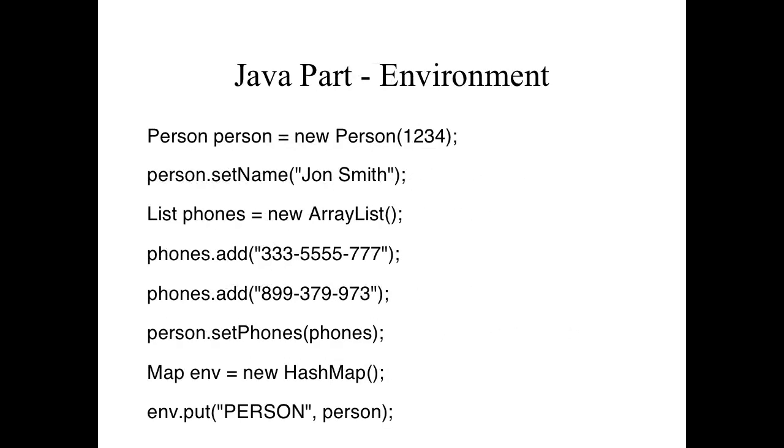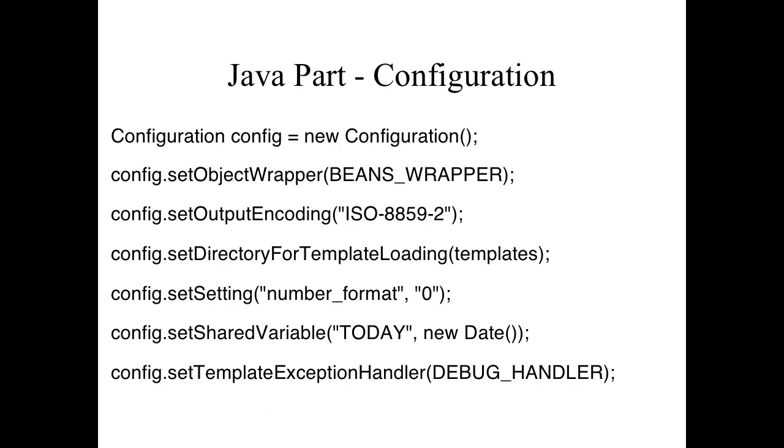So here's an example where we have a person, and their name is John Smith, and then we have a list of phone numbers, and now we're going to set the phone numbers for John Smith, and then we create our hash map and we put the person into the hash map. And then for the generation part, what we do is we change our output encoding over in here, the ISO encoding.